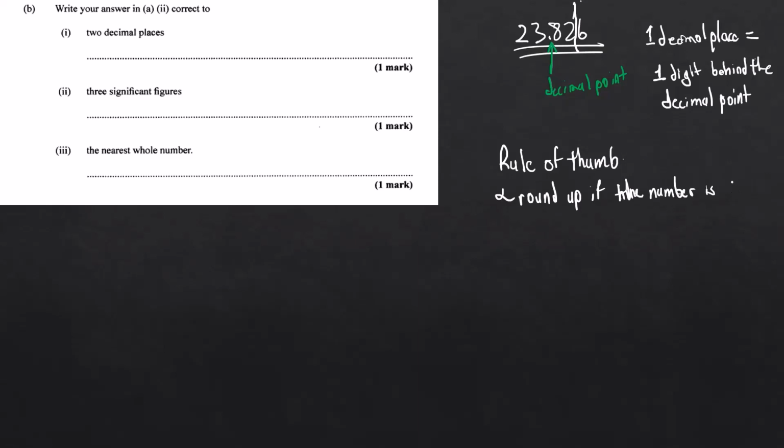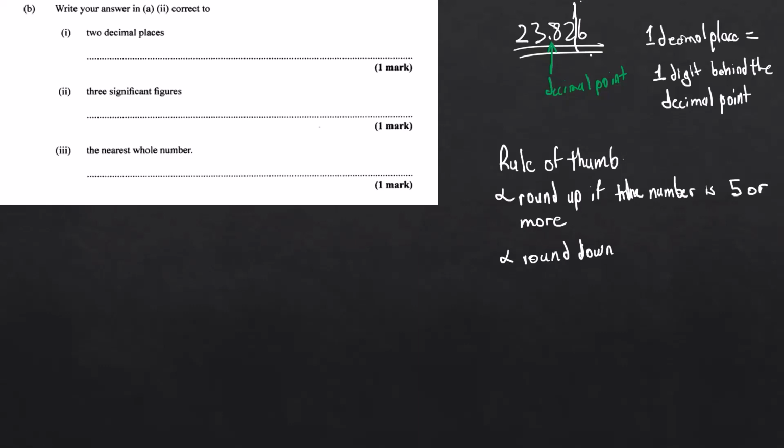Now I know different persons have different rules, especially with 5, but to make your life simple, round up if the number is 5 or more. So if it's 5, you round up. If it's more than 5, you round up. And if it's less than 5, you round down. By round down, it means you take the value as it is. Round down doesn't mean you actually decrease anything.